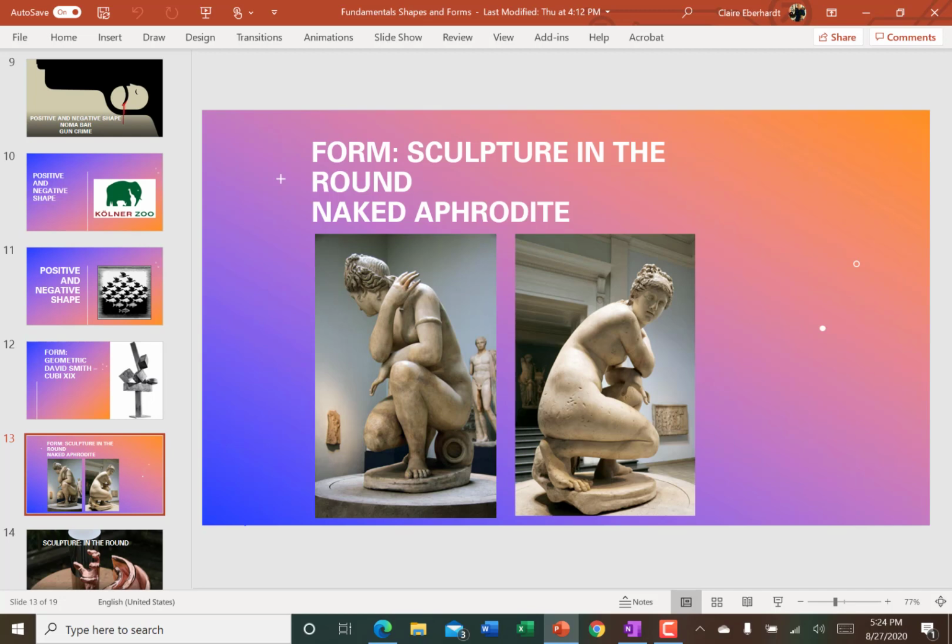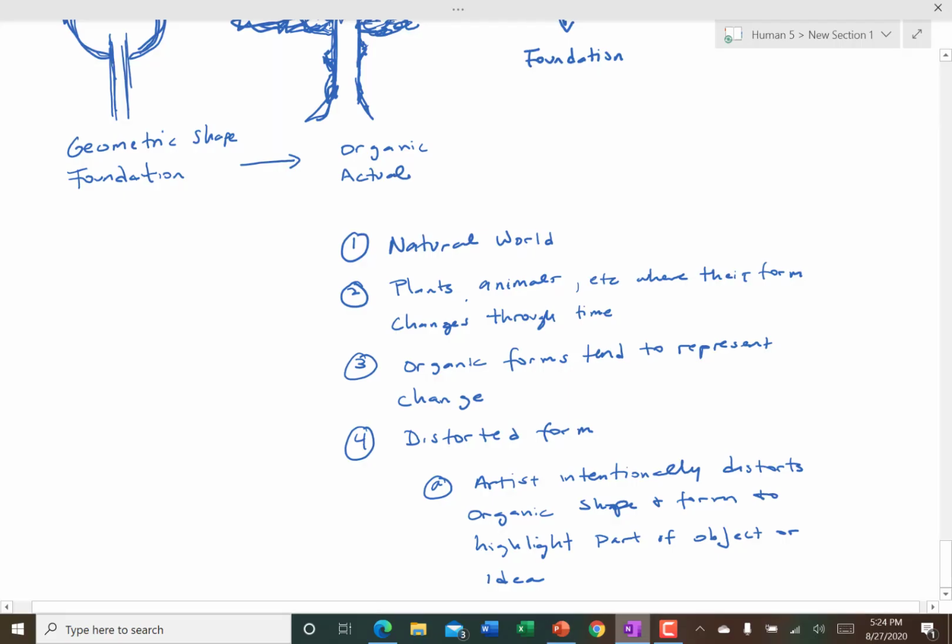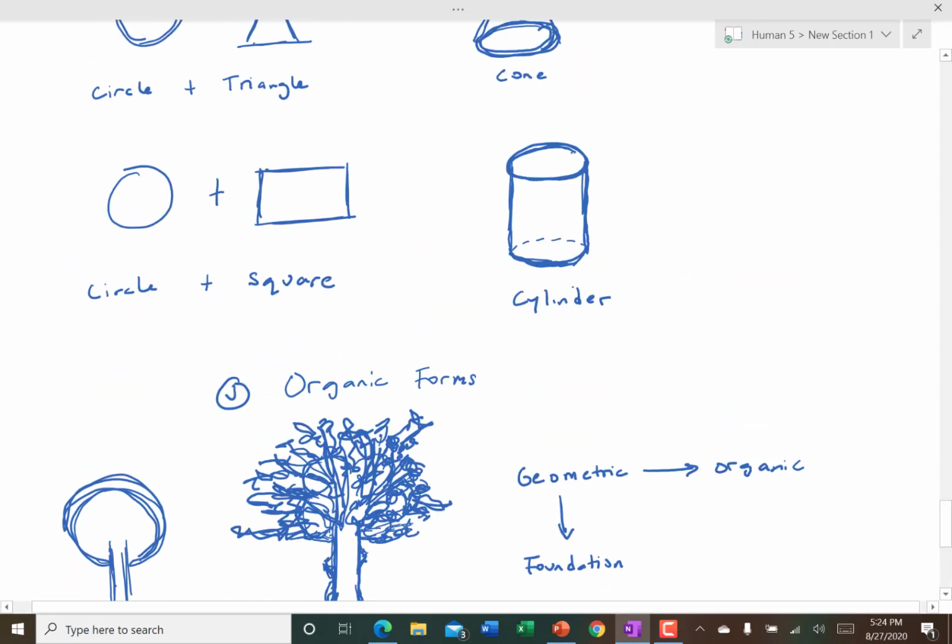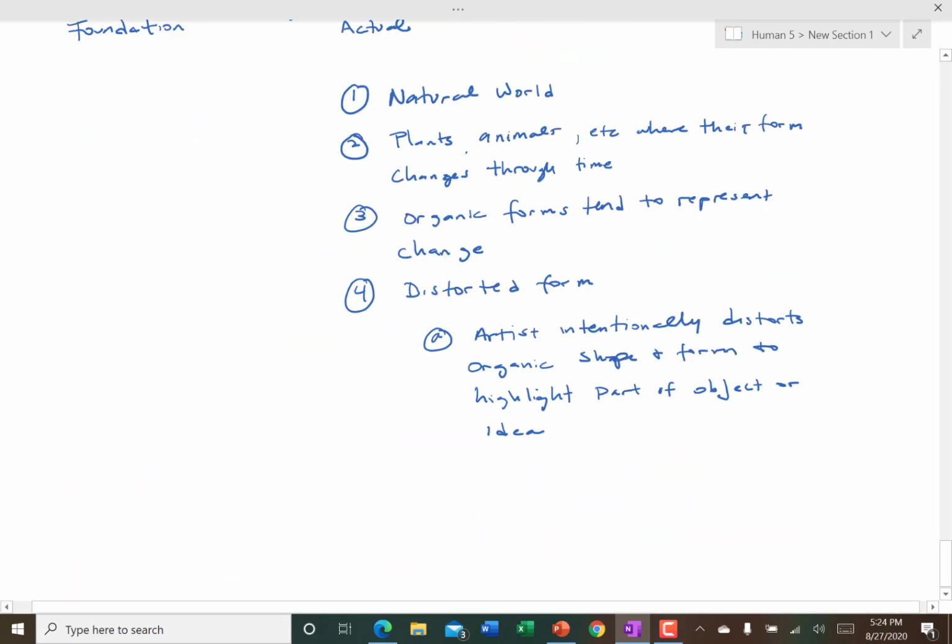So the last thing we're looking at is these sculptures and reliefs, which is going to play on what we were just talking about. I got ahead of myself there because I actually do want to expand on that. So we're going to go with two here with sculpture, which is a form, right?